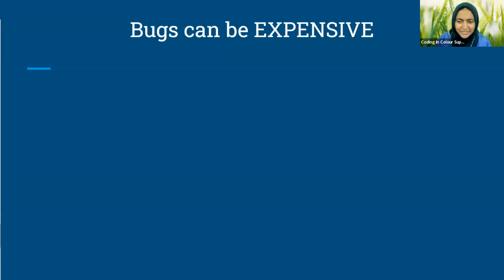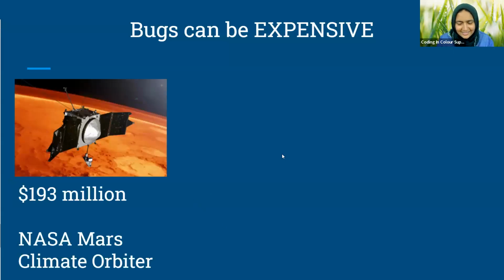And there are some famous, historically extremely expensive bugs that I wanted to showcase here because I can't even imagine this kind of money, and it got lost to a bug. So there's a satellite by NASA. NASA made mistakes, but they had a satellite and it was supposed to land on Mars, and they had an issue on the software side.